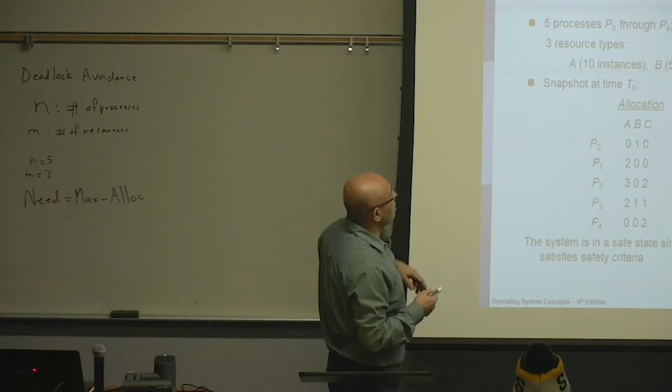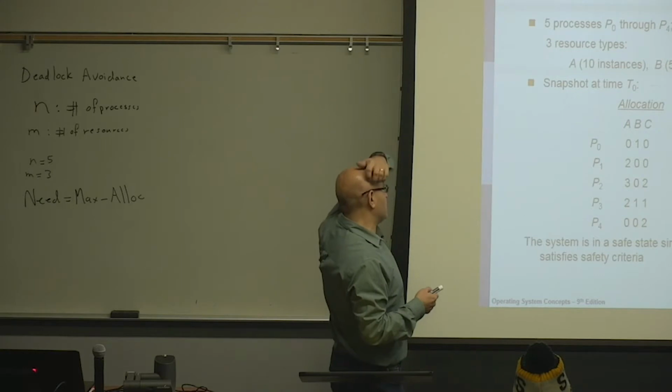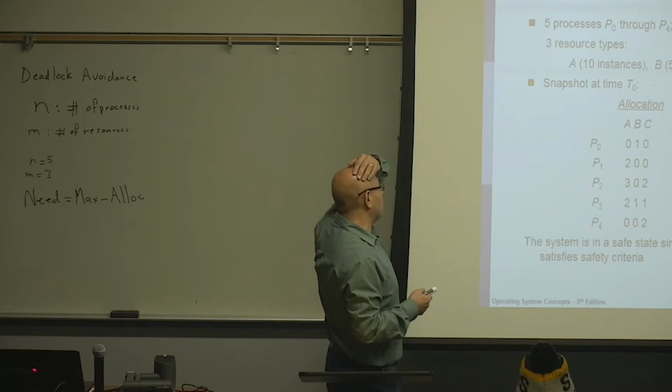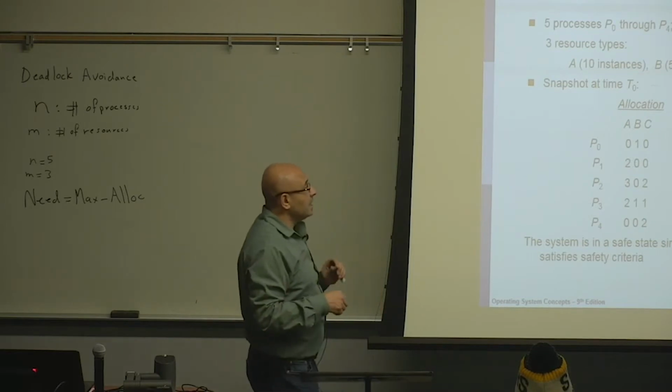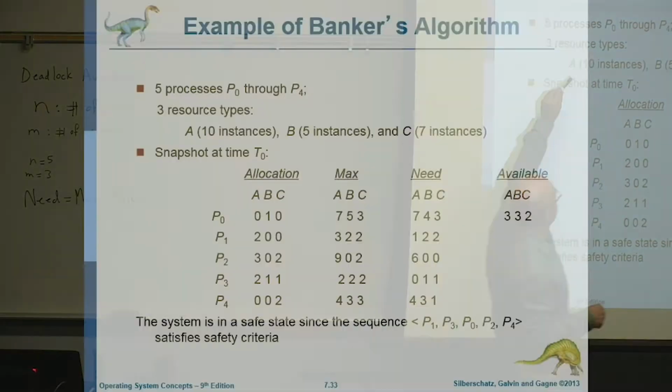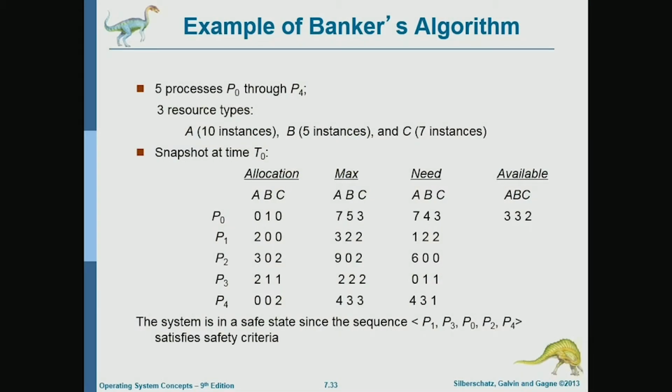Now, we know the total number of instances of each resource: 10 of A, 5 of B, 7 of C. Given these numbers of instances, and knowing what is currently being allocated, we can calculate what's available in the system.